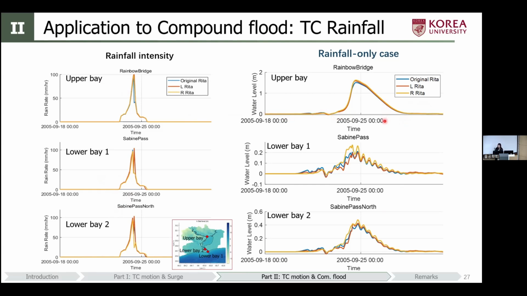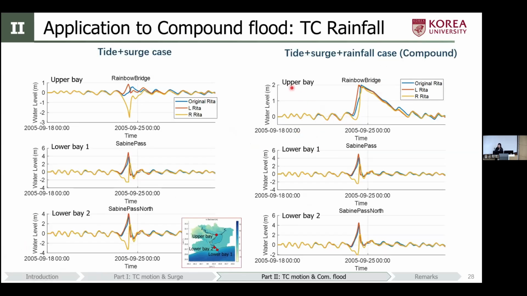But what we can find is that in some cases, the left Rita case has the highest water level, but it doesn't have the highest rain rate. This is because we also should consider effects like the geometric effect. But anyway, in this case, we can read the result for the rainfall-only case.